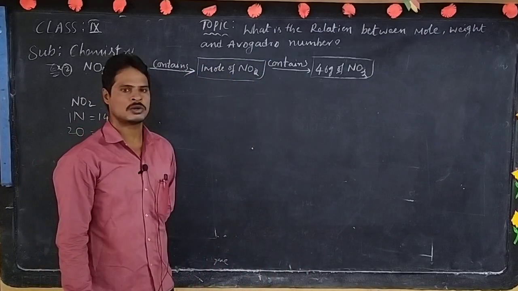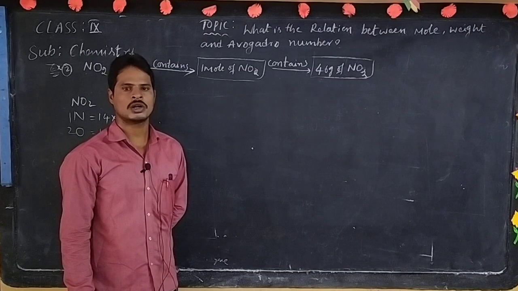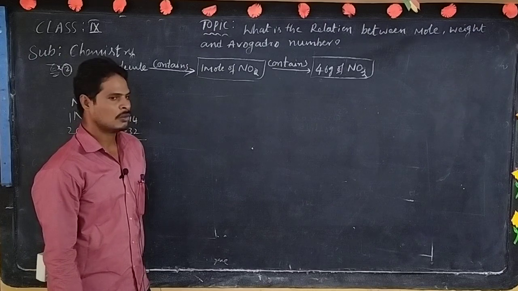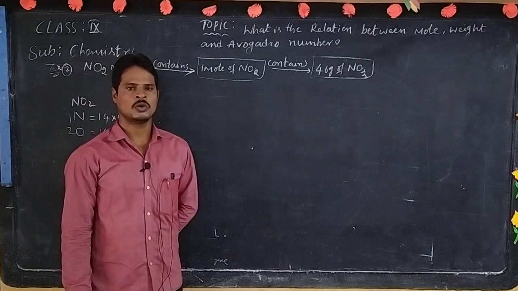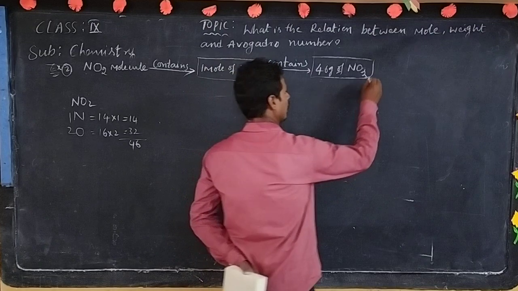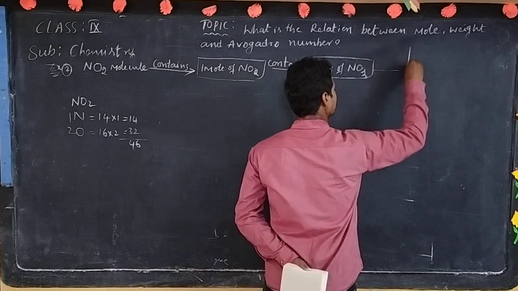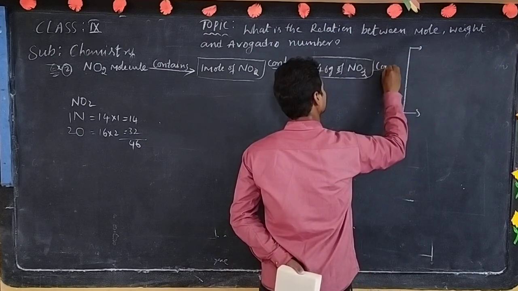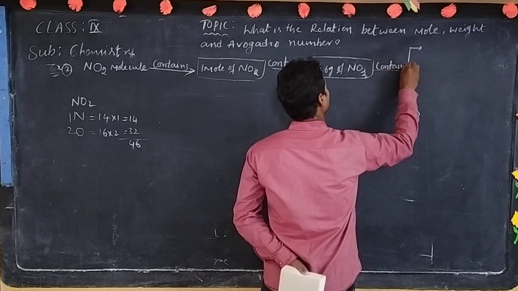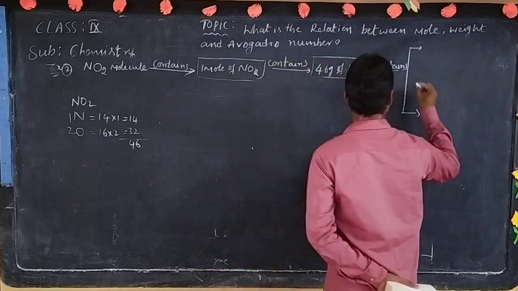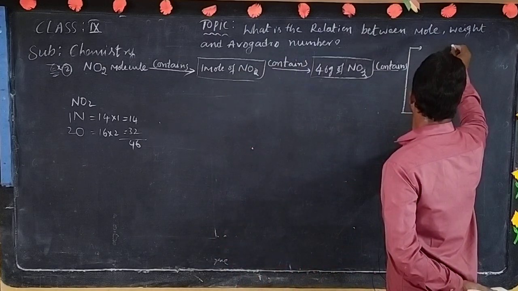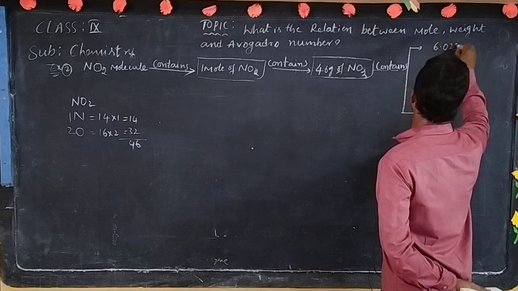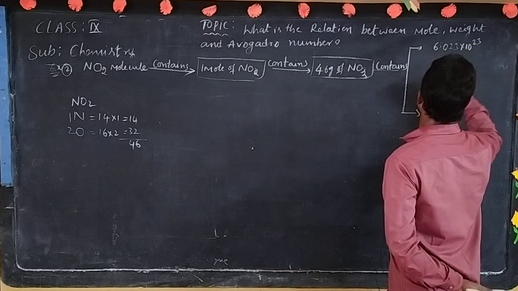Now, 46 grams of NO2 contains how many Avogadro number particles? We can identify here. NO2 contains 1 nitrogen and 2 oxygens. That's why it contains the Avogadro number, we know that, 6.023 into 10 to the power 23.